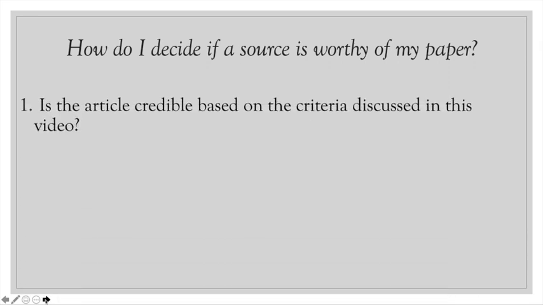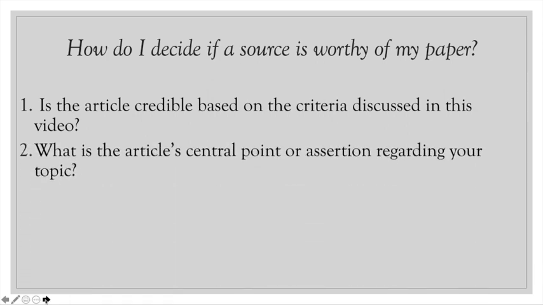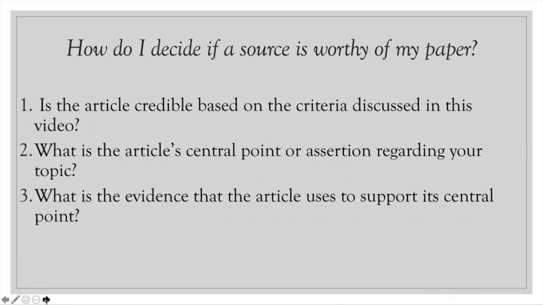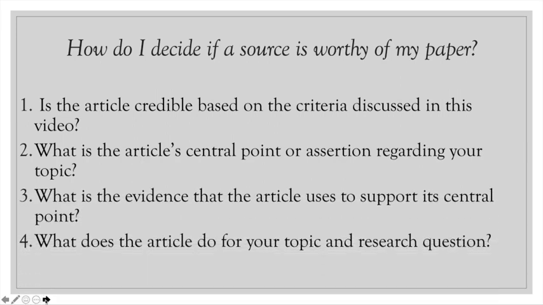So there's a couple of things to keep in mind. Is the article credible based on the criteria we just discussed in this video? What is the article's central point or assertion regarding the topic? What is the evidence that the article uses to support its central point? And what does the article do for your topic and your research question?